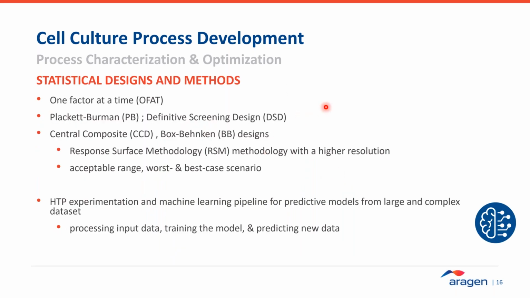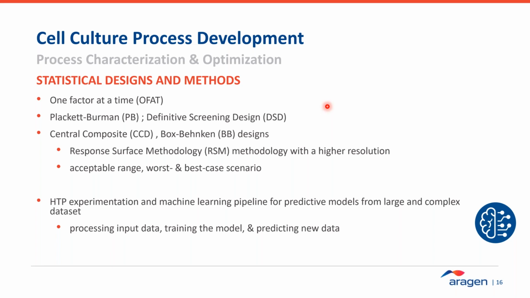Which statistical design, which statistical method we want to choose and use, it all depends on what questions we need to address. What level of throughput can we achieve in our experiments? Which phase of process development are we currently in?